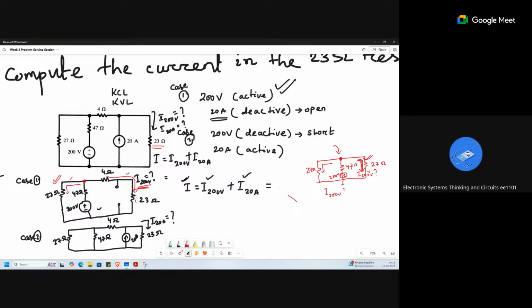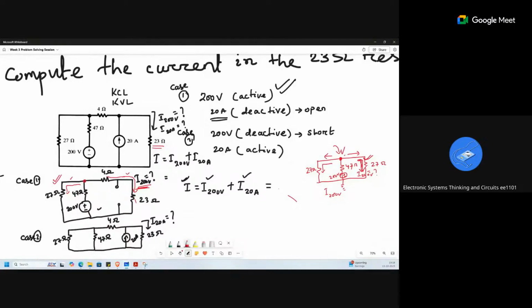So I can consider this as ground. Then you apply KCL or KVL or loop analysis or mesh analysis, whatever you want, and find out. You also know that whatever current flows here, the same current should flow here because the resistances are the same.